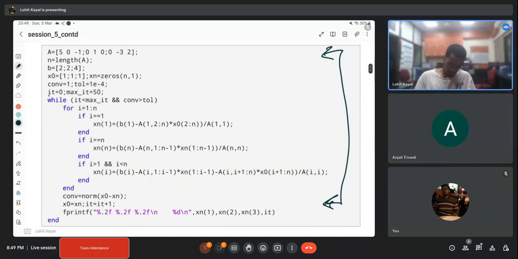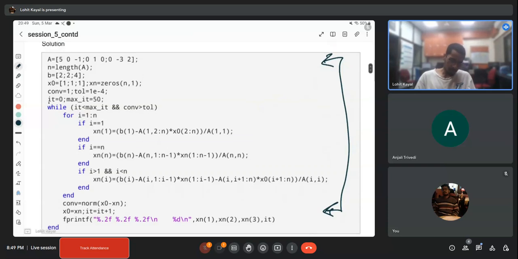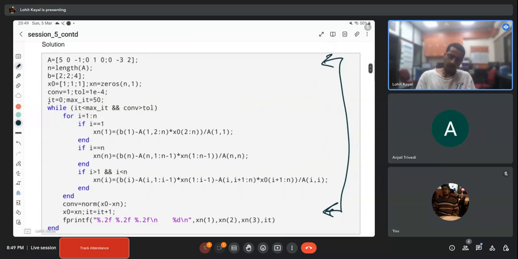So this is for the Gauss Seidel iteration. Here initially I am defining the matrix, the convergence, the tolerance, those basic things you need to define for your matrix. Be sure about the dimension, what kind of dimension you are taking.